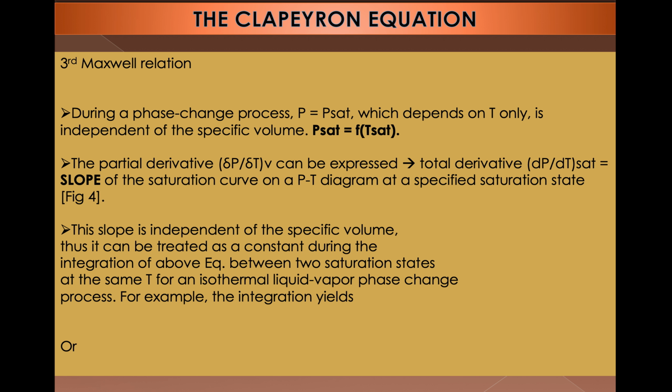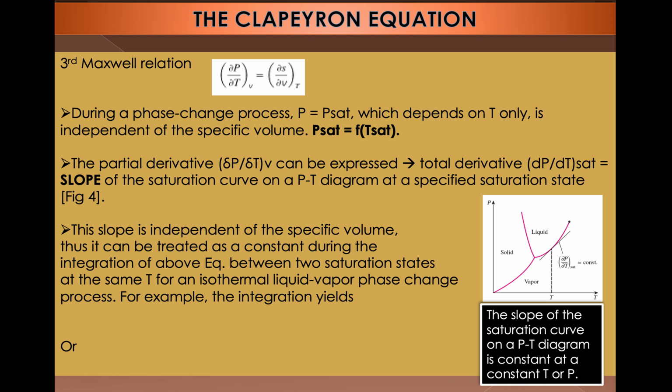The slope is independent of the specific volume, thus it can be treated as constant during integration of the above equation between two saturation states at the same temperature for an isothermal liquid-vapor phase change process. For example, the integration yields like this. So this is the behavior.